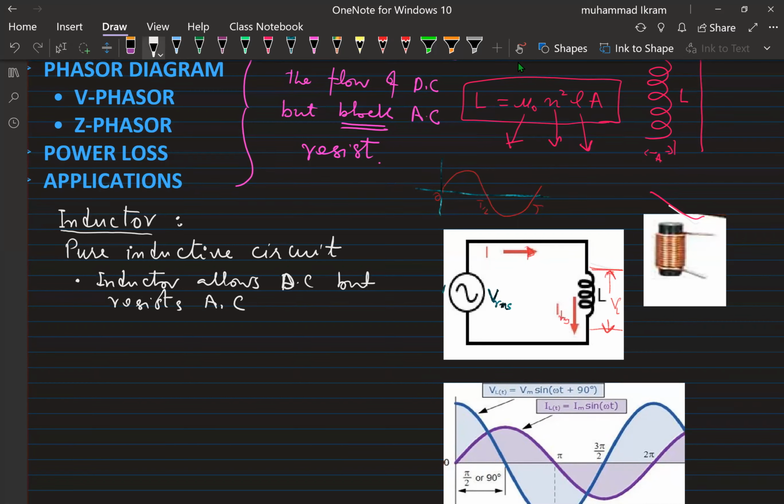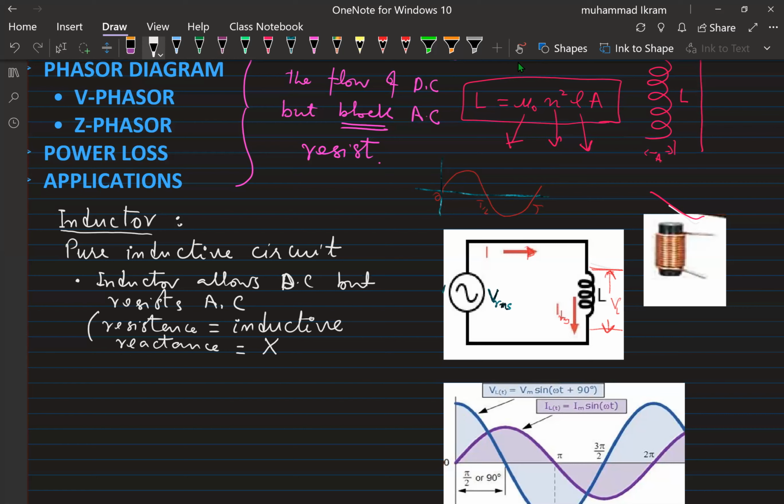So definitely it has some kind of resistance, and the resistance offered to the flow of AC current by the circuit is called the reactance, inductive reactance.